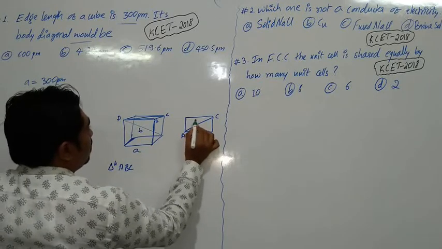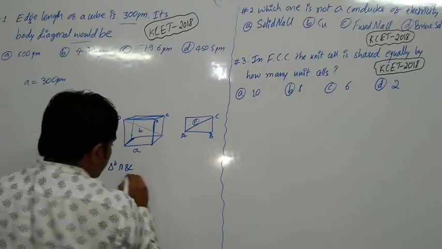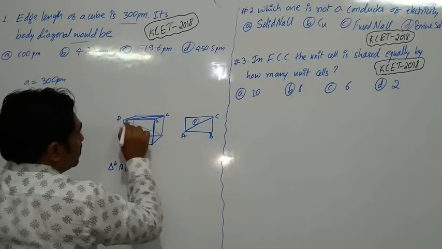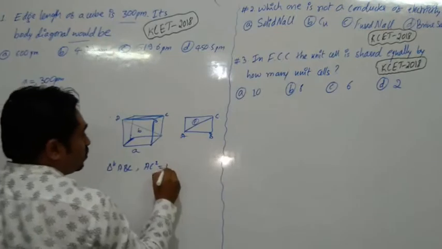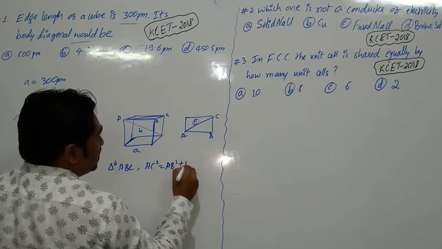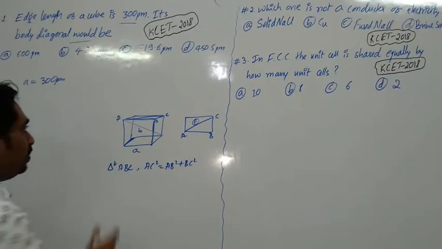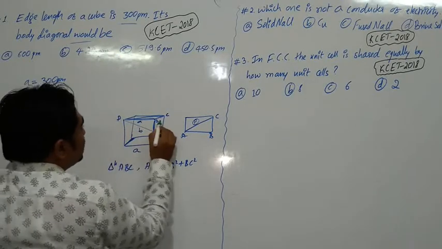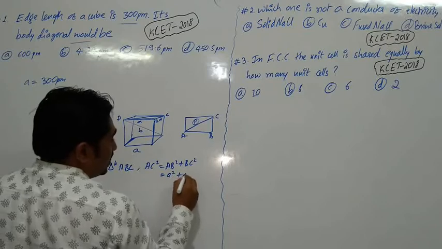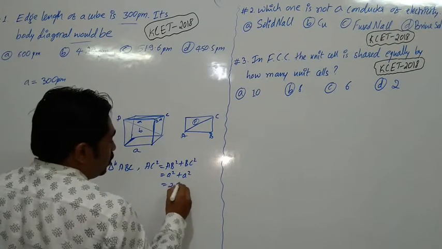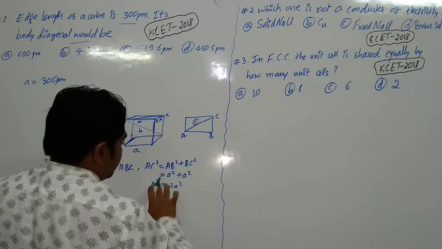I will take it as P. Face diagonal is taken as P. From the Pythagoras relation, AC square is equal to AB square plus BC square. In a cube all the sides are equal, which means the length of AB is A, and the length of BC is also A. So A square plus A square is equal to 2A square. AC square is equal to 2A square.